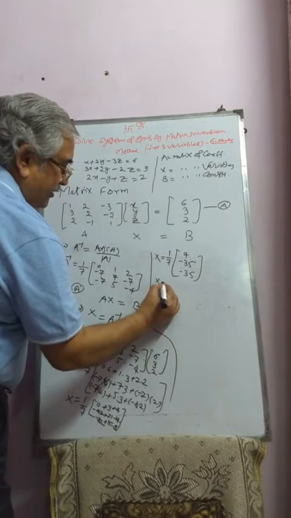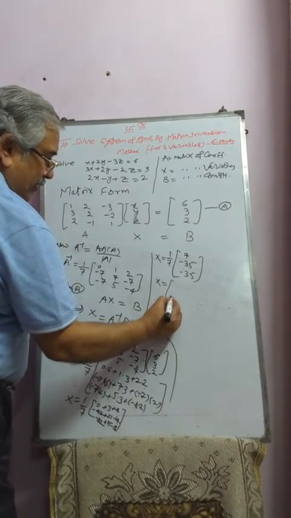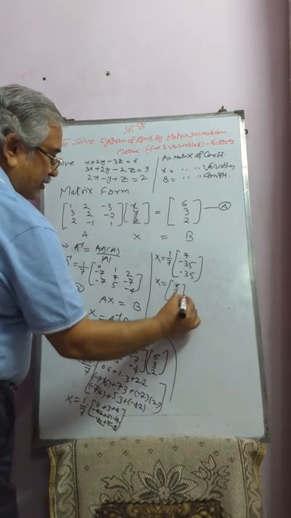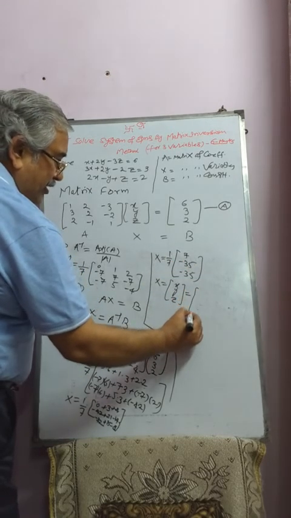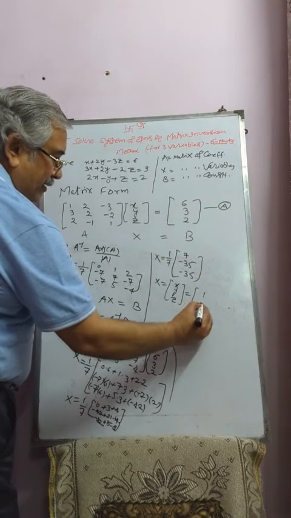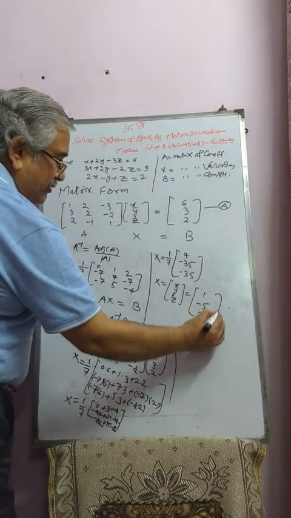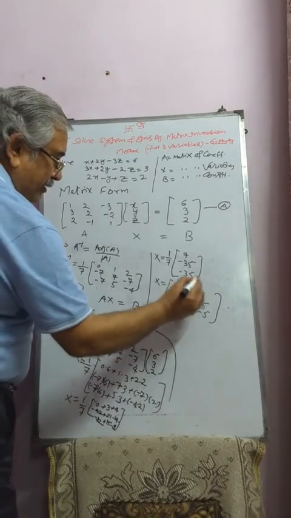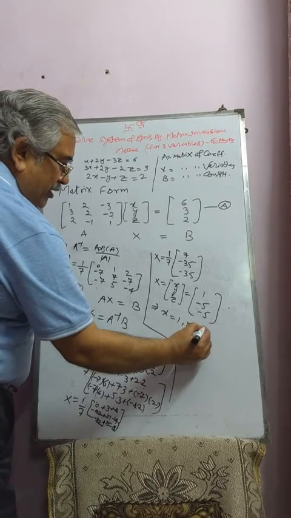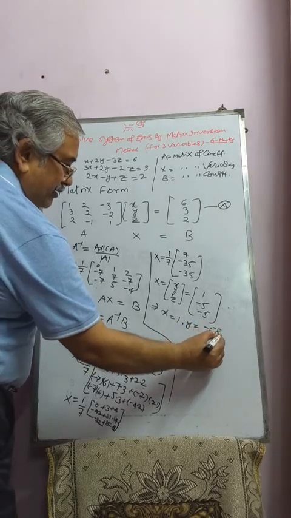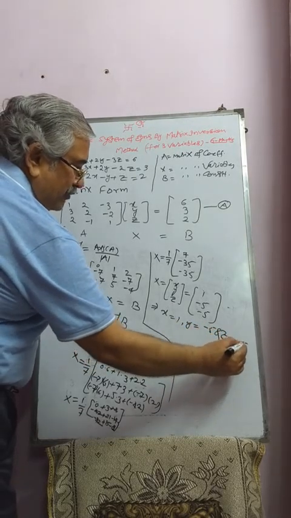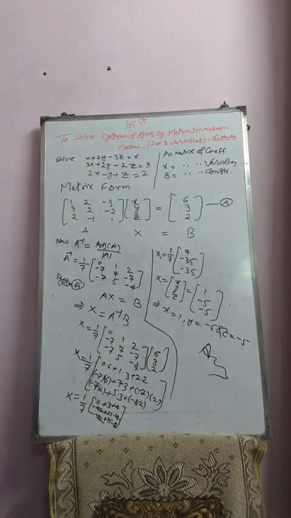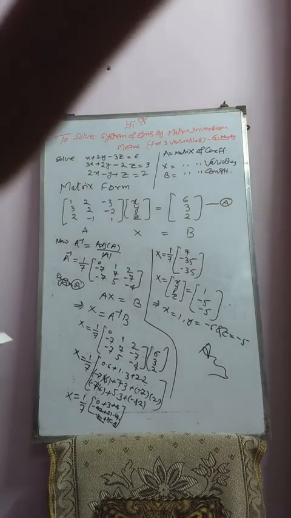That is x, y, z is equal to, dividing each element by 7, 1 minus 5 minus 5. So this implies the result: x is equal to 1, y is equal to minus 5 and z is equal to minus 5. This is the answer, worth 6 marks. Okay, have a note please.